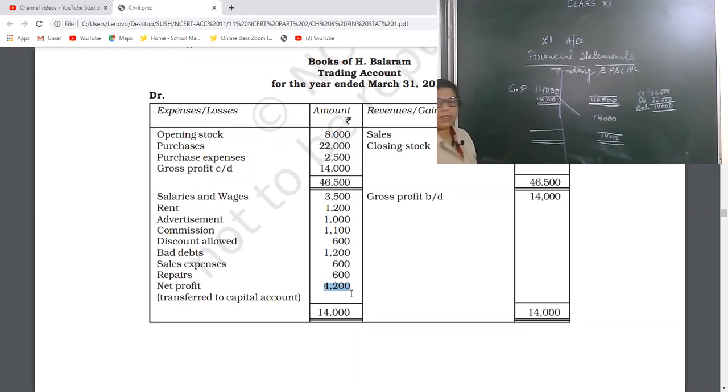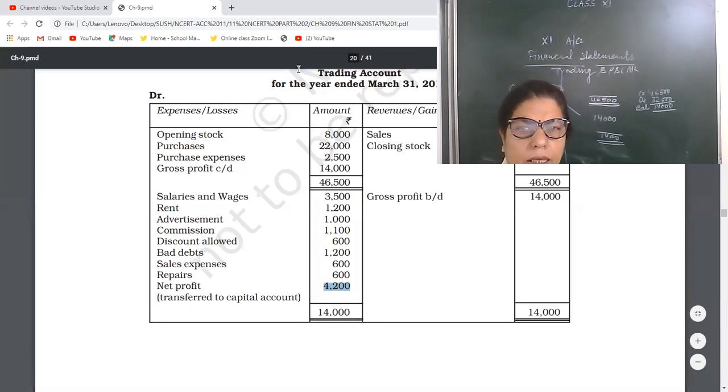Total of this side is less. So 4200 will be the balancing figure, and this balancing figure will be termed as net profit.